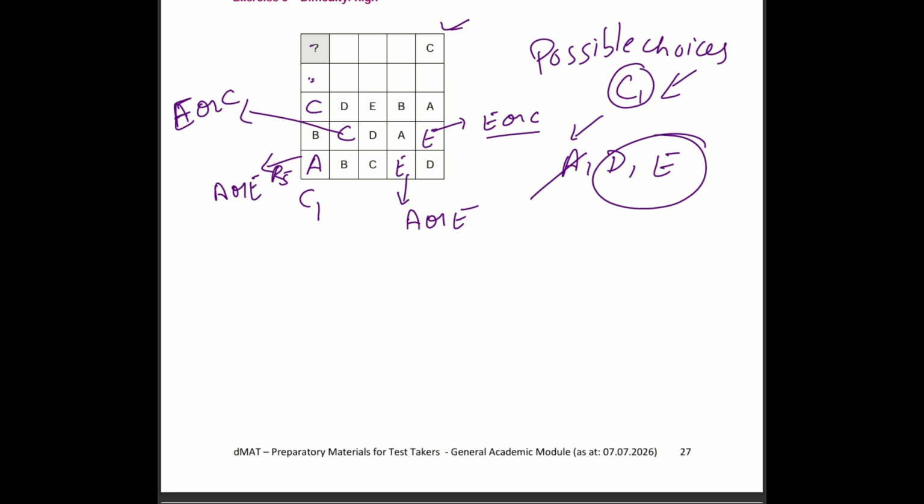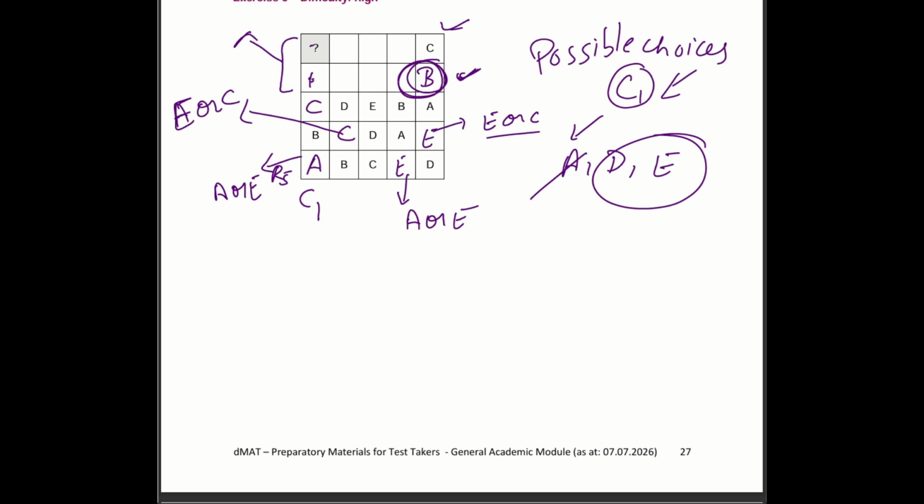So the possible choices here are again D or E, and it would be B. For these two choices, B or D are left, but B is already here, so we can't take B again.